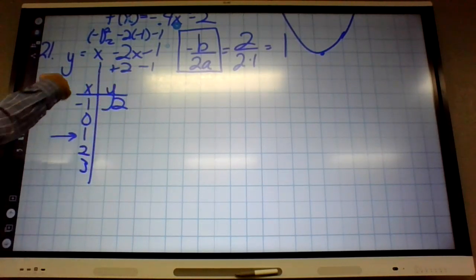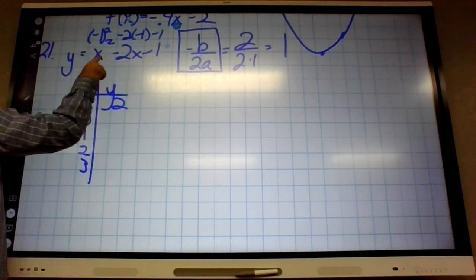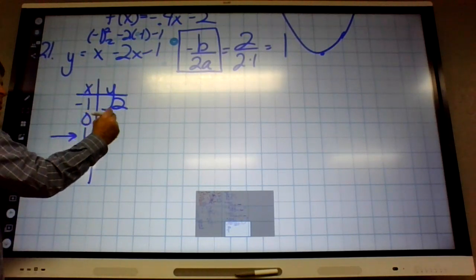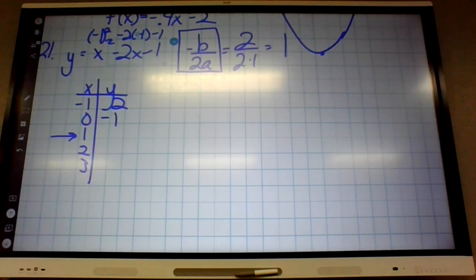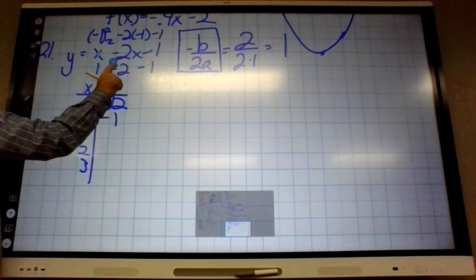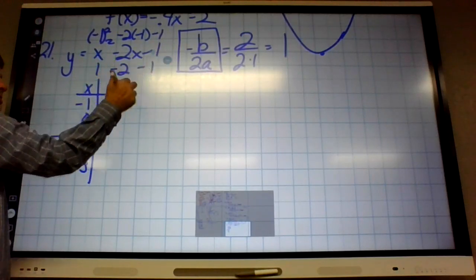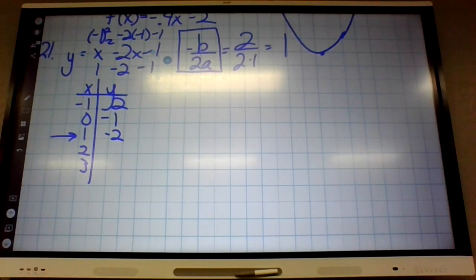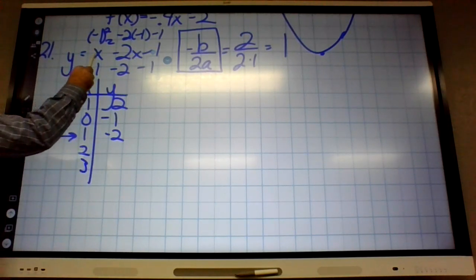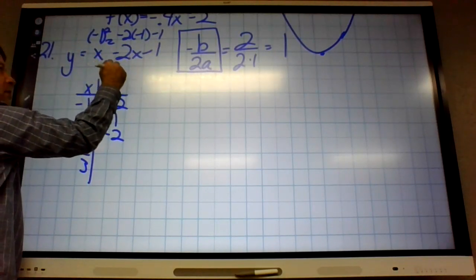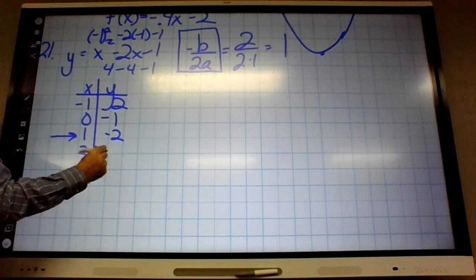If I plugged in 0, I'd get 0 minus 0 minus 1. If I plugged in 1, 1 squared is 1, 2 times 1 is 2, 1 minus 2 minus 1. If I plugged in 2, 2 squared is 4, 2 times 2 is 4, so it'd be 4 minus 4 minus 1.